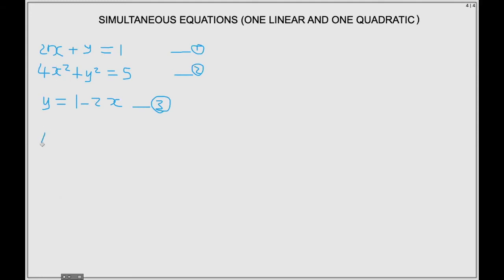So rewriting equation 2, and if you realize, we're always substituting the linear into the quadratic. So y being replaced with 1 minus 2x, it becomes 1 minus 2x all squared.